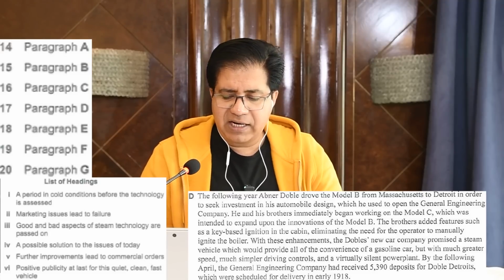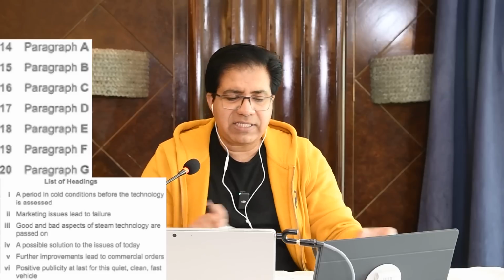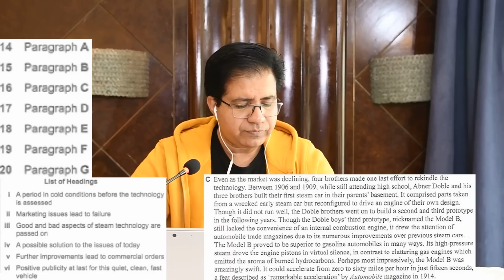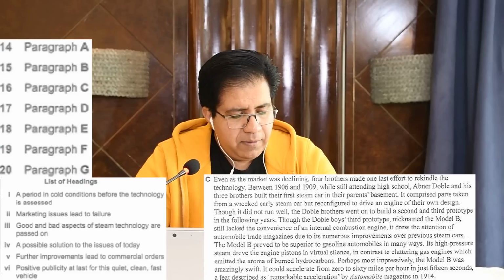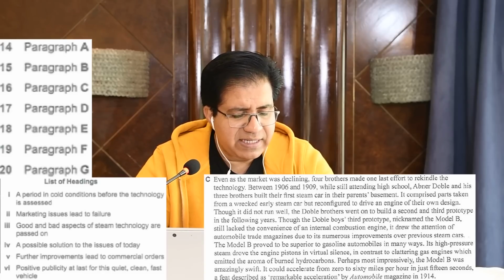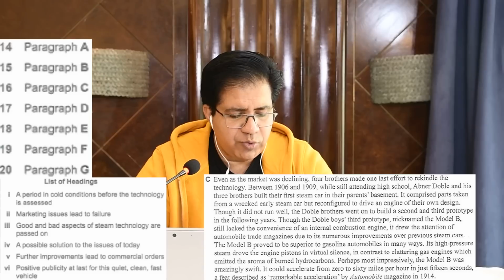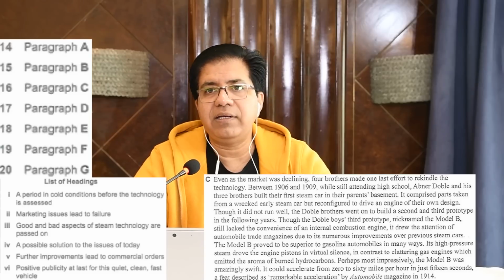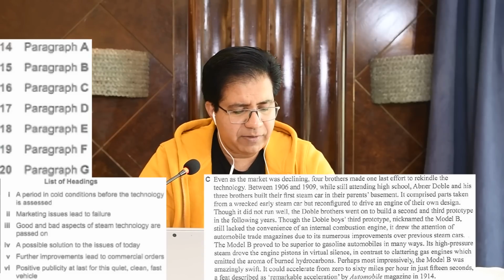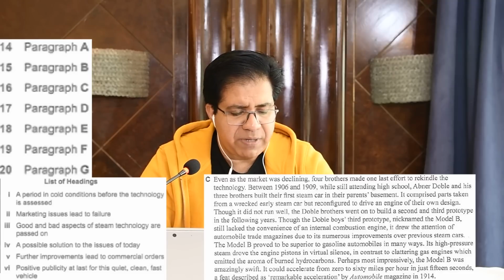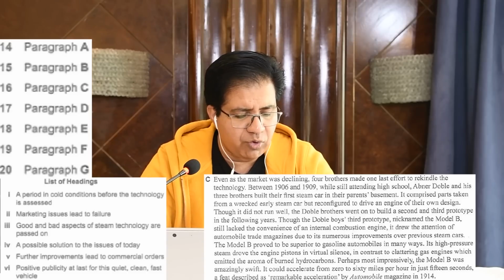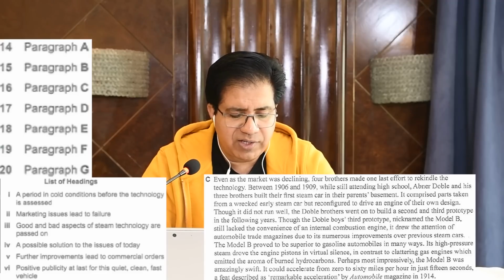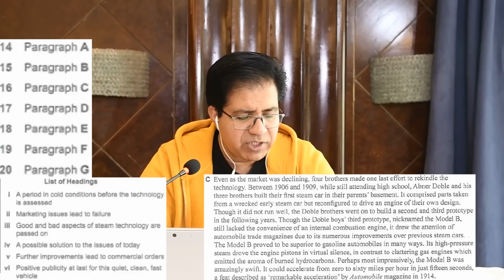Now we are left with paragraph C and paragraph G. Please come to paragraph C. Paragraph C, we already read some part to answer question number 22. So please come to the 5th last line. Model B proved to be superior to gasoline automobiles in many ways. Its high pressure steam drove the engine pistons in virtual silence, in contrast to clattering gas engines which emitted the aroma of burned hydrocarbons.